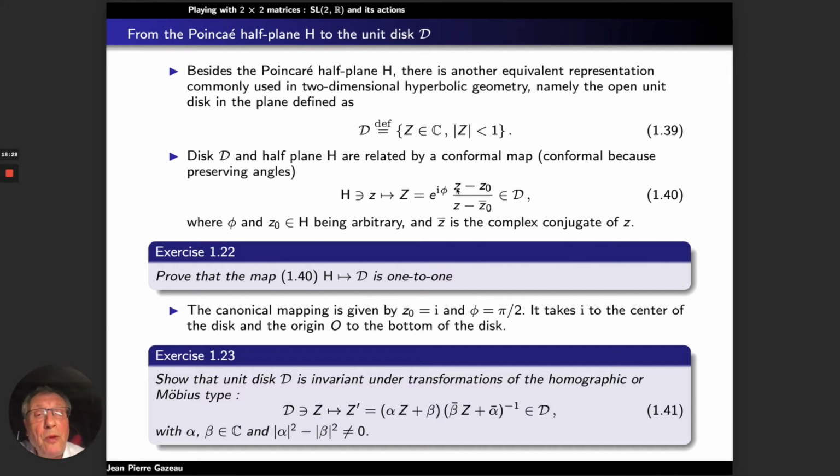You go from the half plane to the unit disk by taking this ratio, z minus a certain fixed z0 divided by z minus the complex conjugate of z0, and multiply by a fixed complex number of modulus 1.